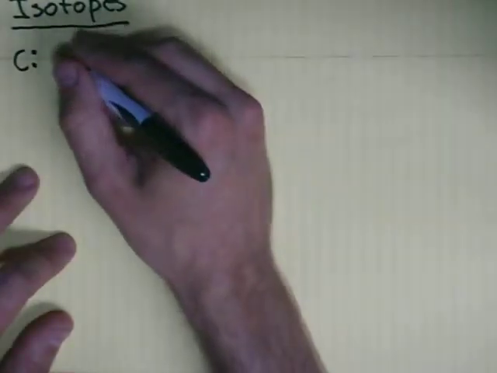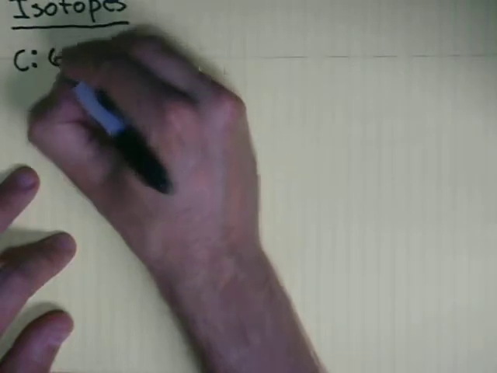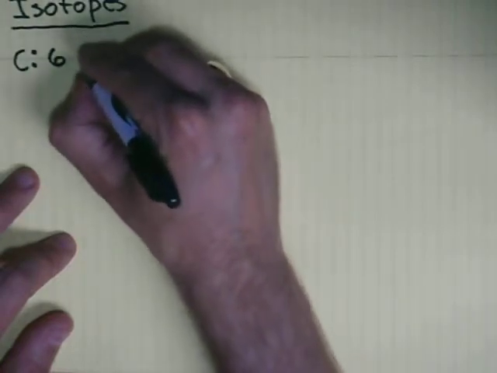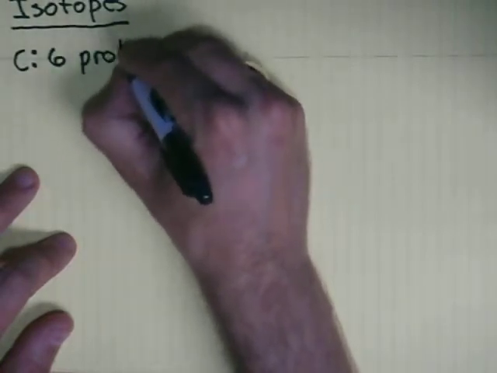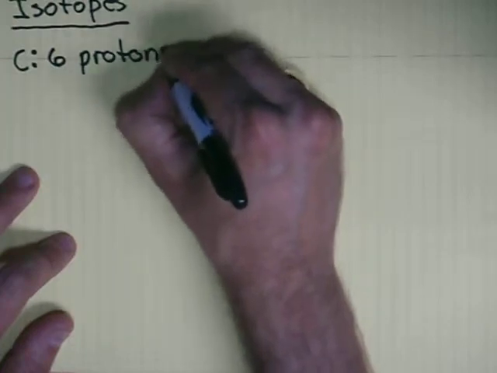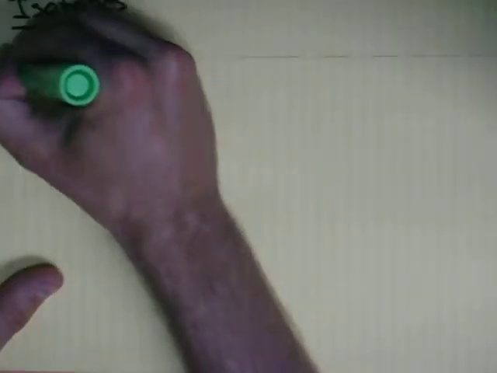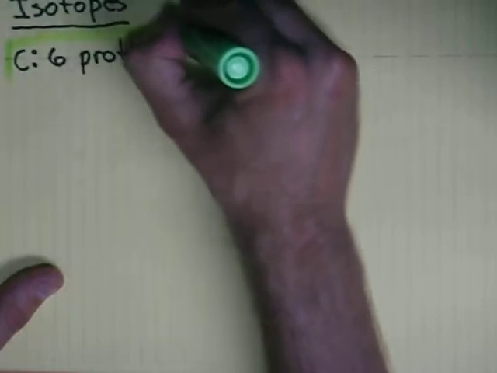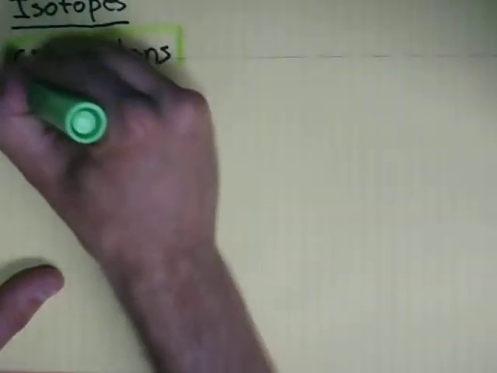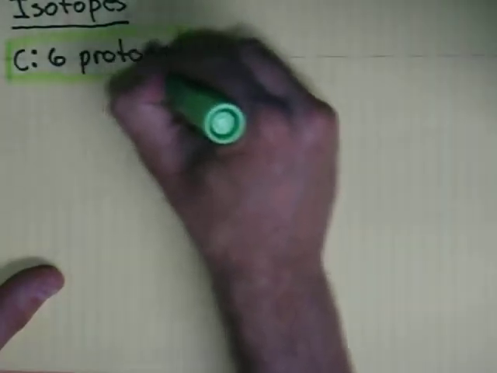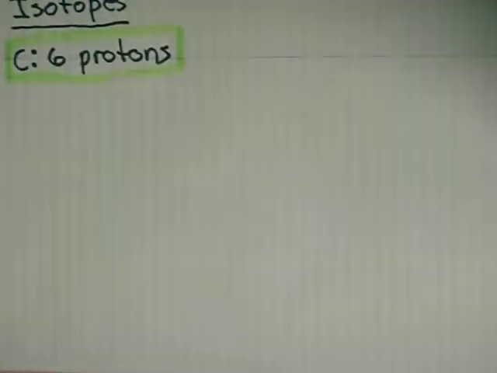carbon atomic number is 6, which means that it has 6 protons. And carbon will always have 6 protons, because that's what makes carbon carbon, is having 6 protons in that nucleus.